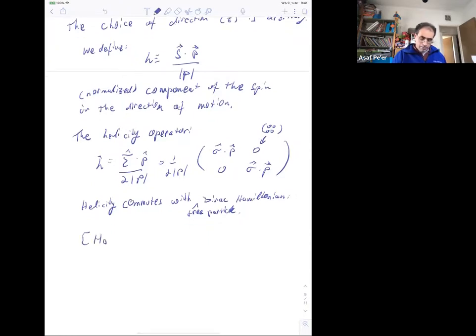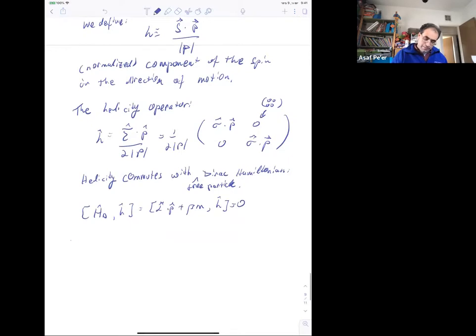So the commutator of H Dirac, alpha dot p plus beta m, and the helicity operator is equal to 0, which means that helicity is conserved. That's not true for the spin operator. So there are spinor states which are simultaneous eigenstates of both the Dirac Hamiltonian and the helicity operator.